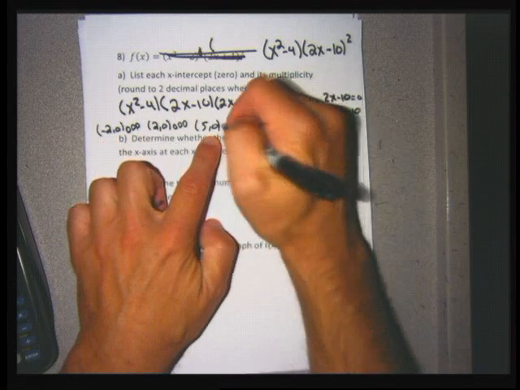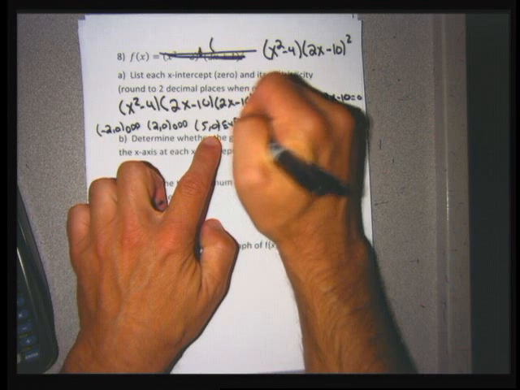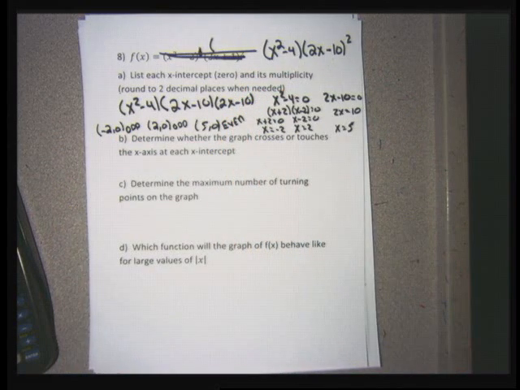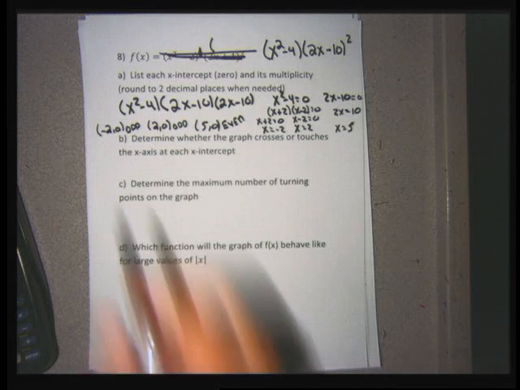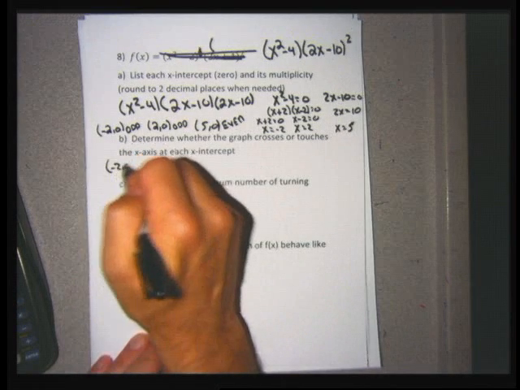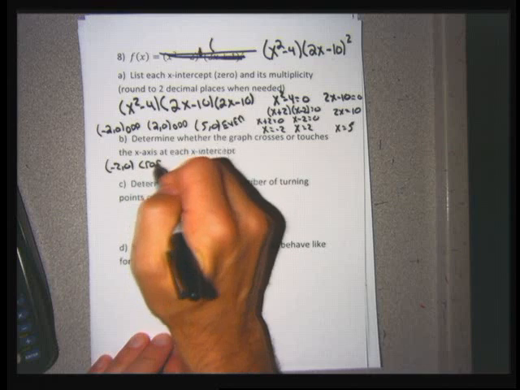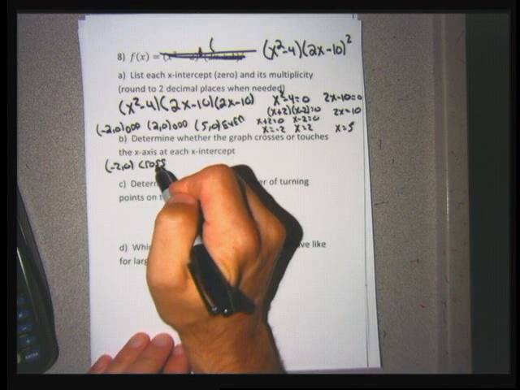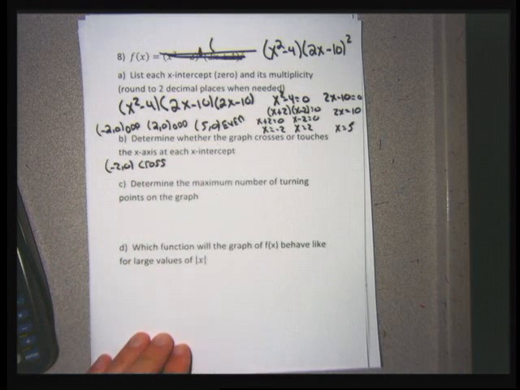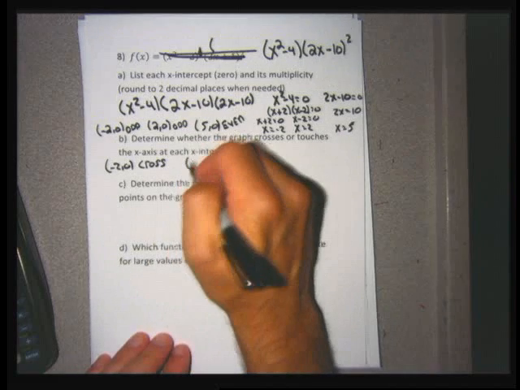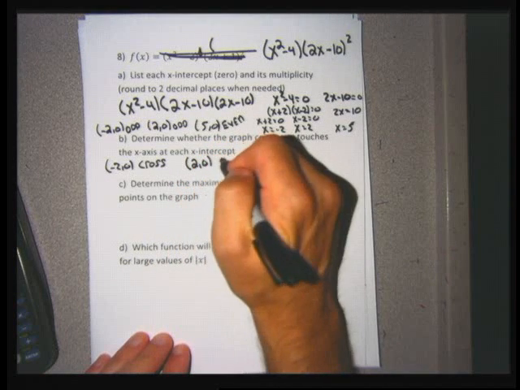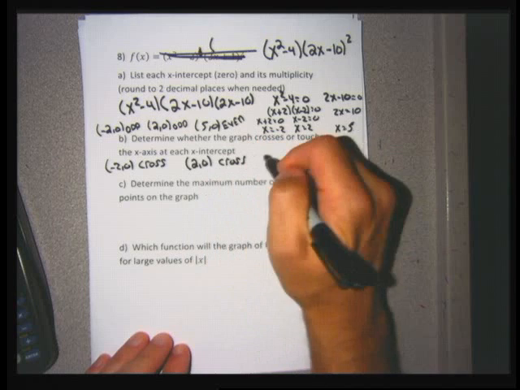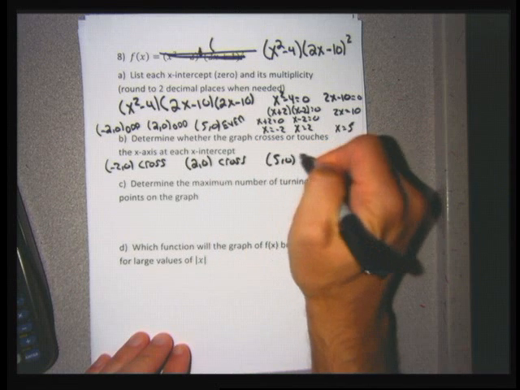At 5, that exponent that came from it is 2, so it has even multiplicity. So now at the point negative 2, 0, the graph better cross. If the graph touches but doesn't cross, I'm going to change the word to even and not even know that I did it wrong. Similarly, at 2, 0, it should cross. And at 5, 0, because of the even multiplicity, it should touch.